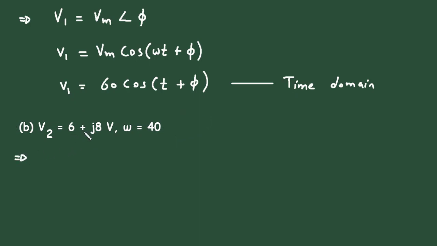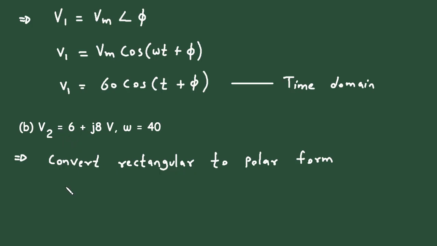Now here it is given in rectangular form. So we have to convert rectangular to polar form. Now let's convert. We know that complex number Z is equal to X plus JY.